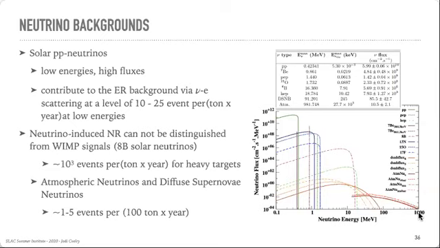This would be on the order of 10^3 events per ton-year for heavy targets like xenon and argon. There's also going to be a contribution that we worry about at these higher mass WIMPs from atmospheric neutrinos and diffuse supernova neutrinos. This is going to be at the level of 1 to 5 events per 100-ton-year experiment.